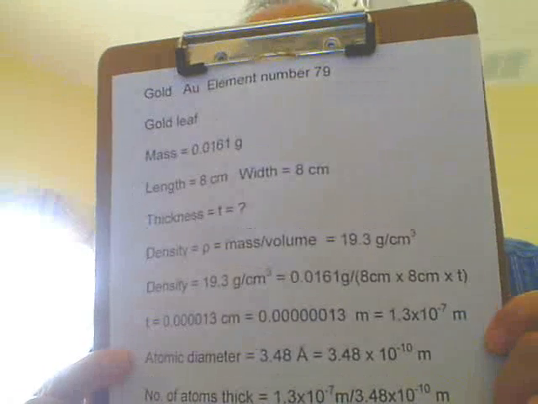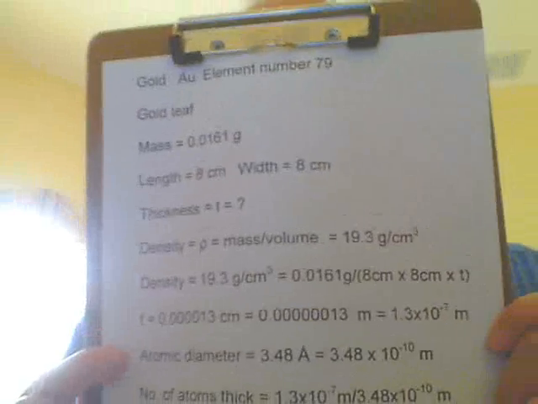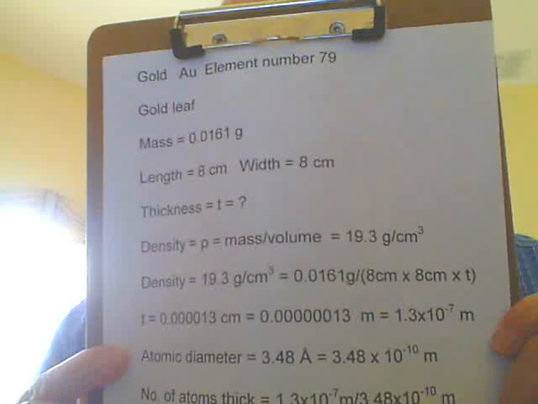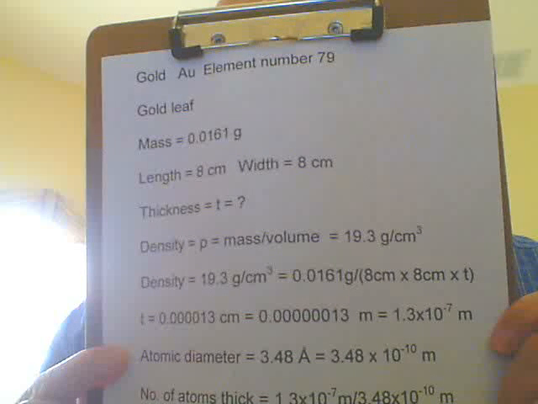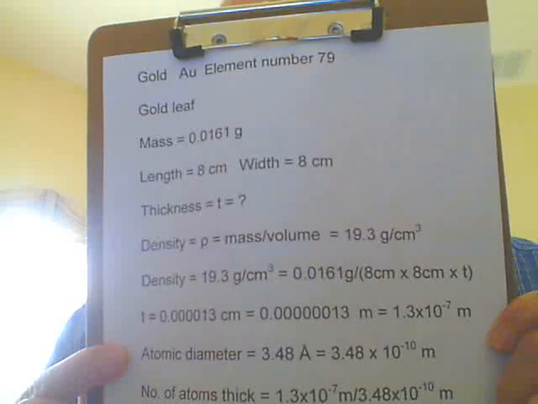I wanted to do a quick calculation to see how many gold atoms there were in that thickness. And the atomic diameter of gold is 3.48 angstroms, or 3.48 times 10 to the minus 10 meters.